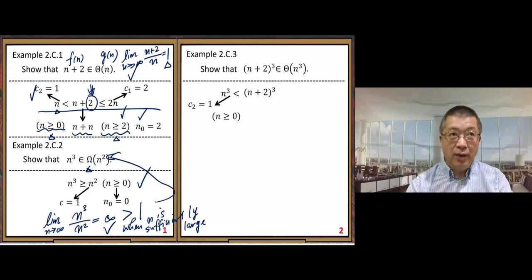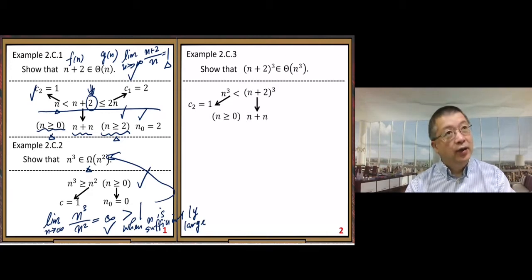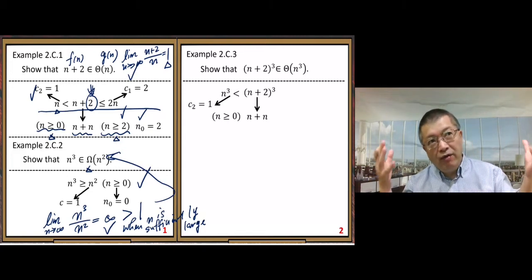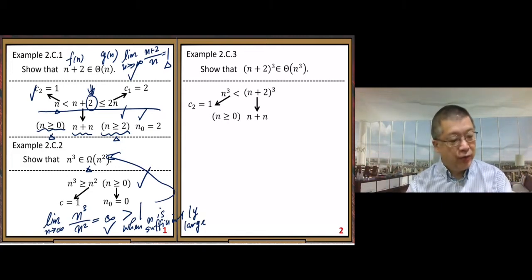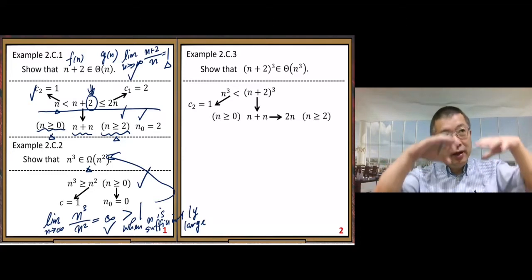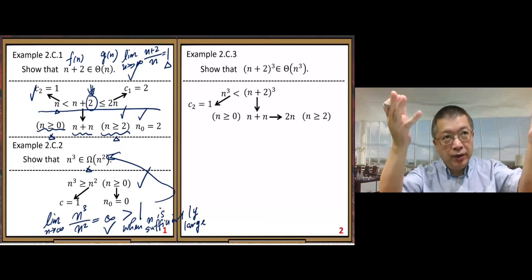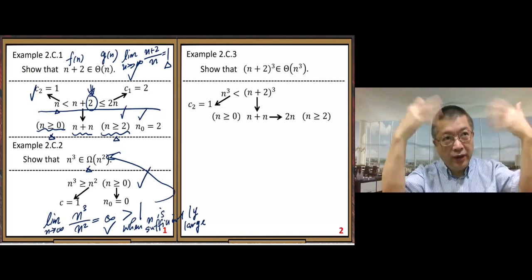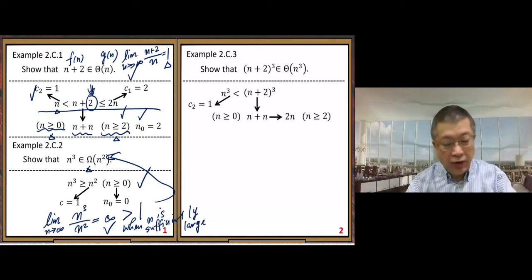But from the upper side, we replace 2 by n and try to make the whole value larger. So we need to put a condition, n greater than or equal to 2. So n plus n is 2n, and the whole thing we need to cube. Taking the cube operation gives 8 times n cubed.